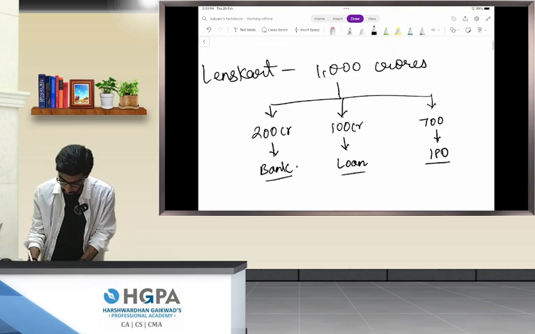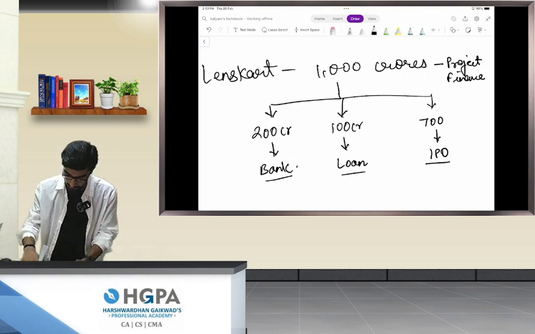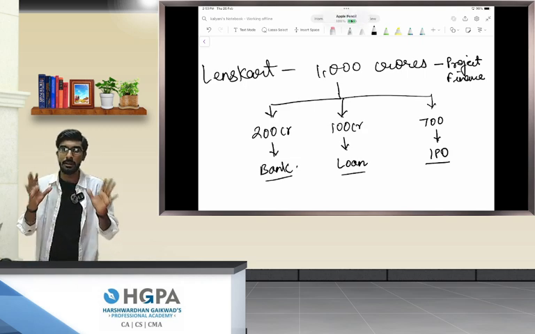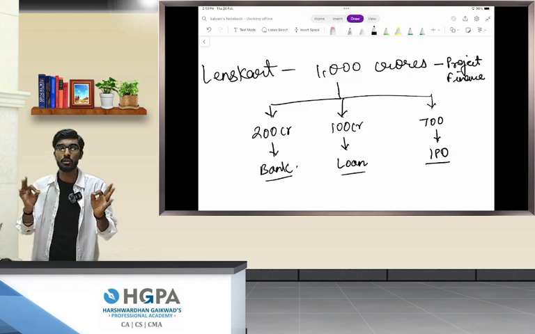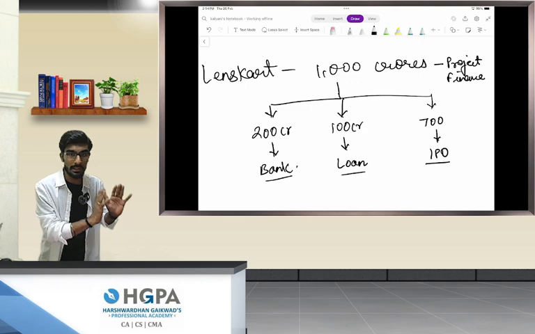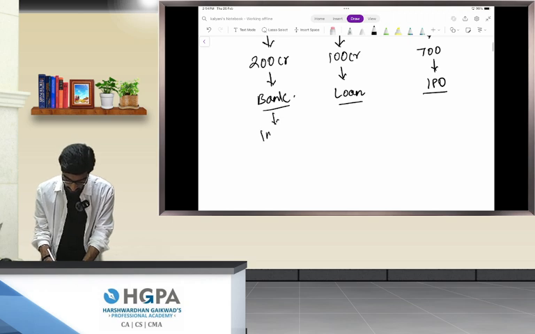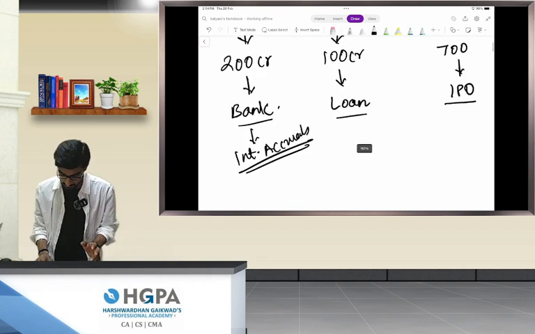This is the project finance. So project finance is 1000 crores to open 10,000 new stores all over India. Now Lenskart already has 200 crores in its bank account. This will be called internal accrual, the money the company already has with itself.